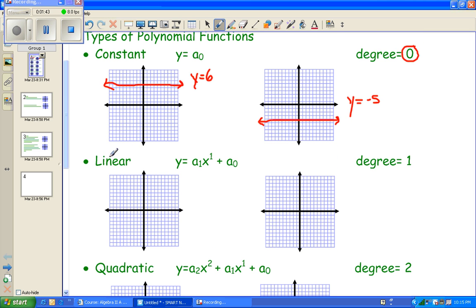The next function we're going to look at is a linear function. A linear function in its normal form would be something like y equals 4x plus 3.